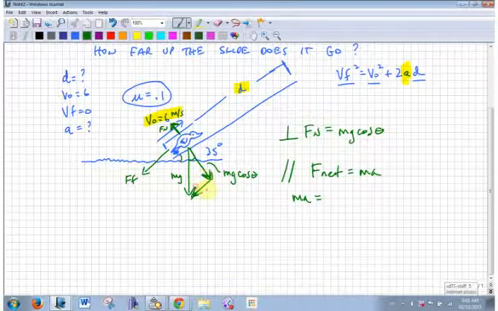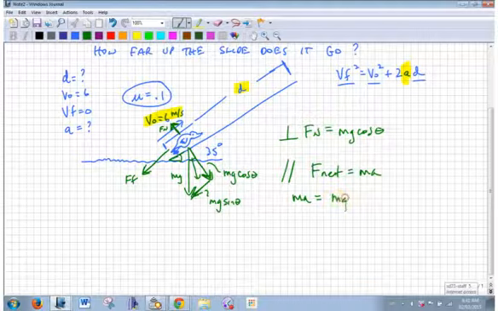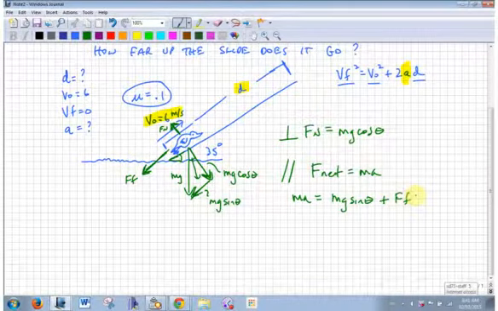So I have this going that way, I also have that going that way. This component is mg sine theta, that's opposite to this 35-degree angle, which is the same as this one. And that's in the same direction as this, force of friction.